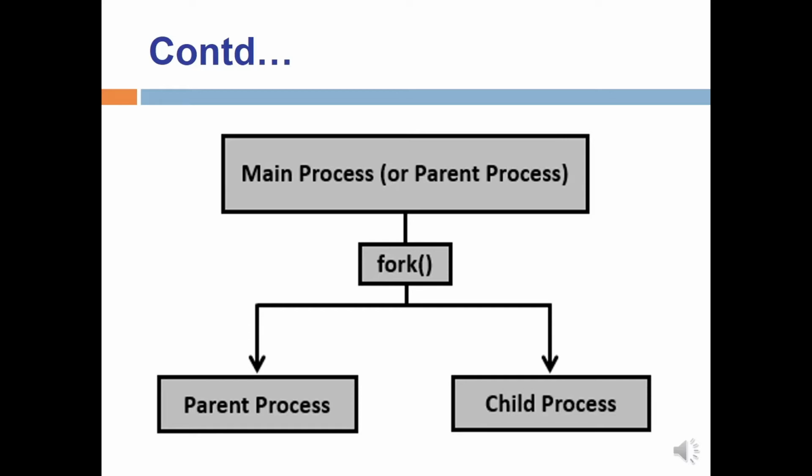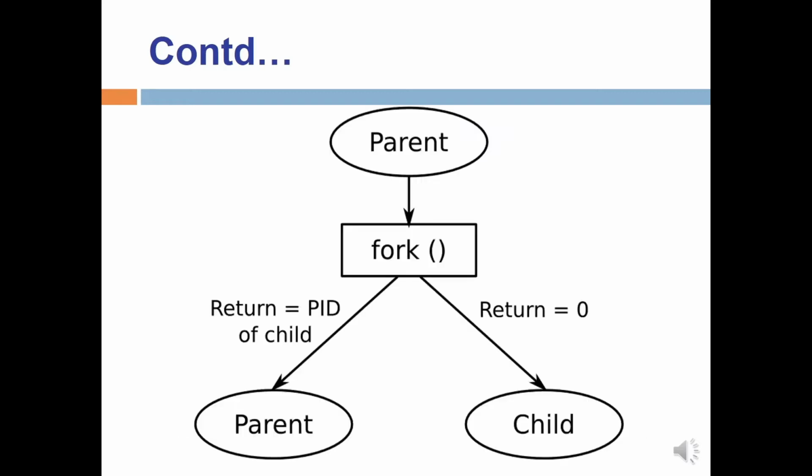After the fork system call, now we have two processes: one is the parent process, another one is the child process. Here we can see with the help of the diagram, the fork system call returns the process ID of the child to the parent process, and it returns 0 to the child process.